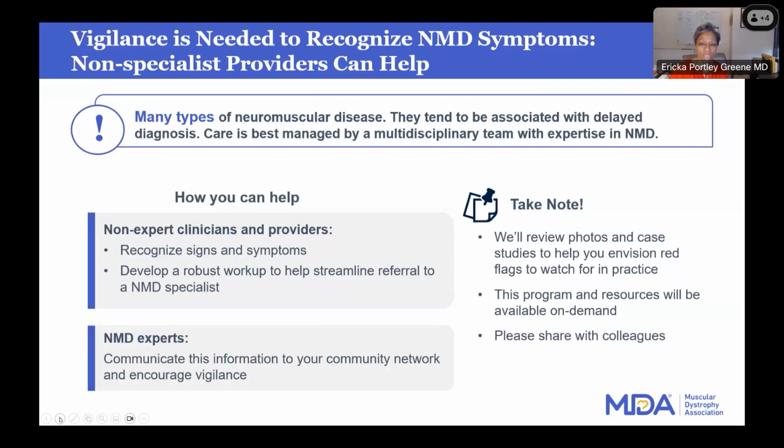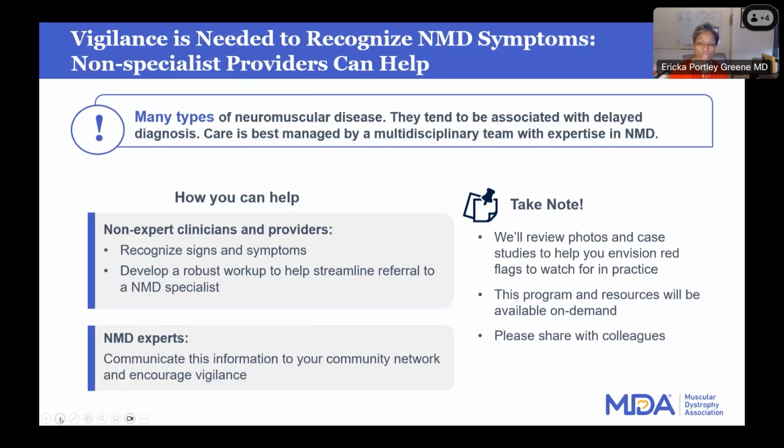The level setting is to all come into agreement that this is important. Our goal is to help our non-expert clinicians and providers help us evaluate these patients by recognizing signs and symptoms and how to begin the workup, to help streamline referral so that those patients can come to experts who have therapies and or clinical trials sooner rather than later, when we can have a greater impact.